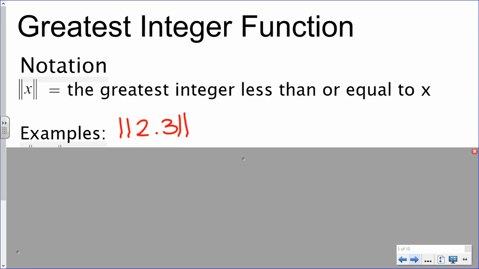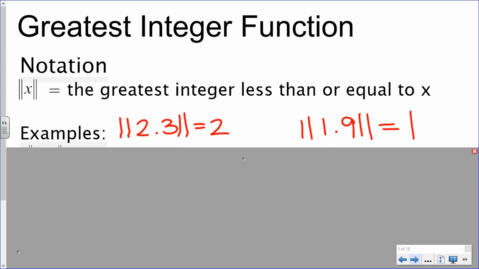So if 2.3 is inside the greatest integer function, what is the greatest integer less than or equal to 2.3? 2. Remember, integers are numbers like -2, -1, 0, 1, 2, 3, 4, etc. What about the greatest integer less than or equal to 1.9?